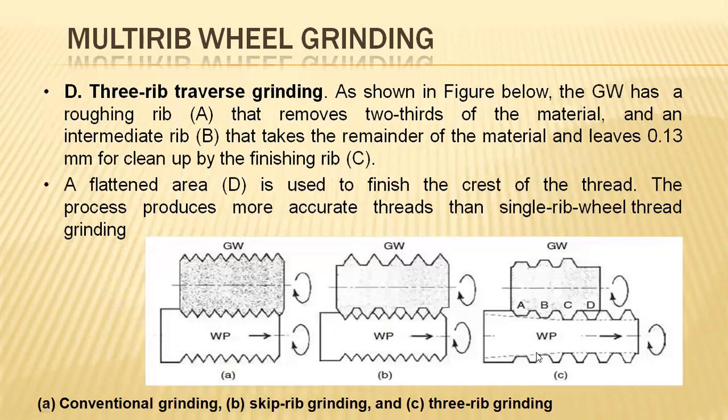Coming to the three rib traverse grinding process, as shown in the diagram, the three rib traversing process removes 2/3 of the material of the work part simultaneously in a single pass. Two thirds of the material, nothing but 75 to 80% of the entire work part material, will be removed by only a single cutter.